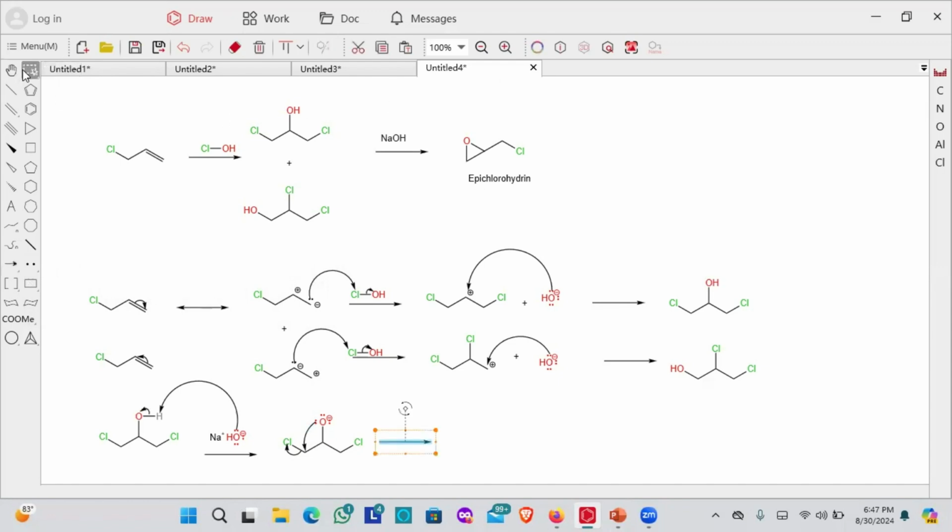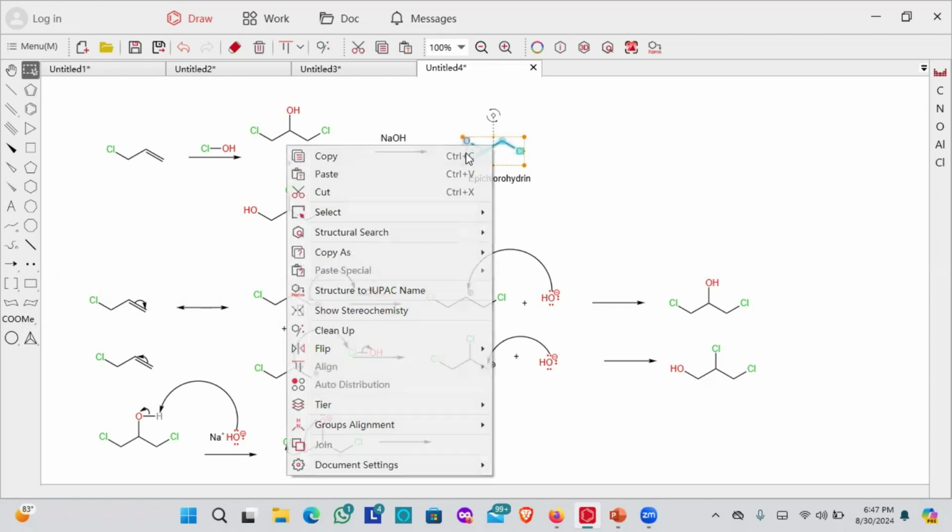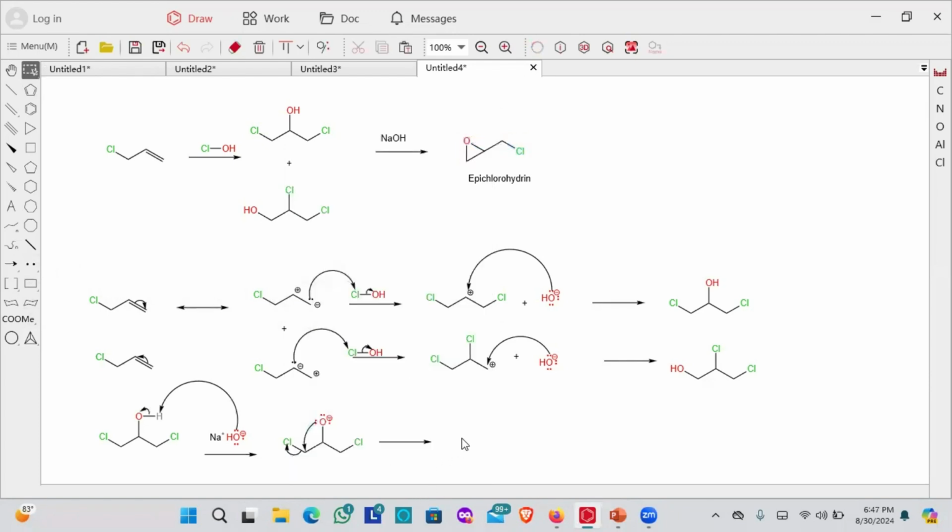Let's just take a copy of this. And it's going to be pretty much the exact same thing for the other molecule as well. We've pretty much run out of space, so I'll open a new page, and I'm going to show you what the other mechanism is going to look like. Pretty much just the exact same thing, but let's show it as well.